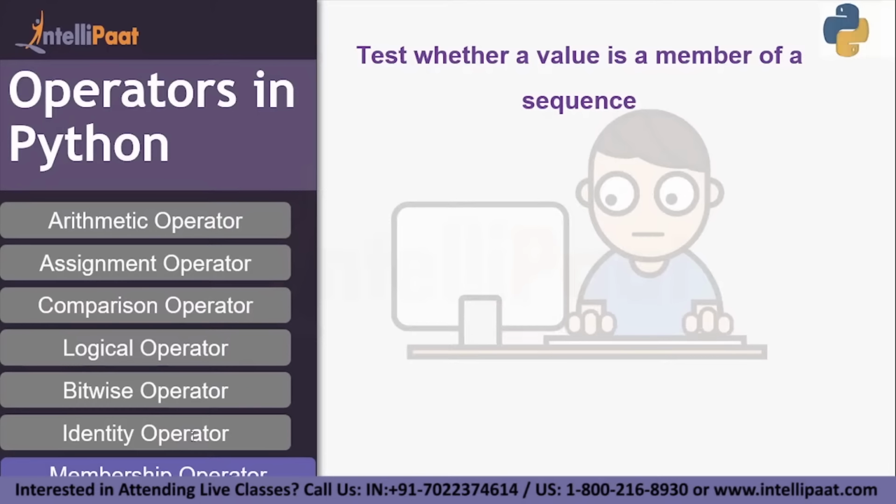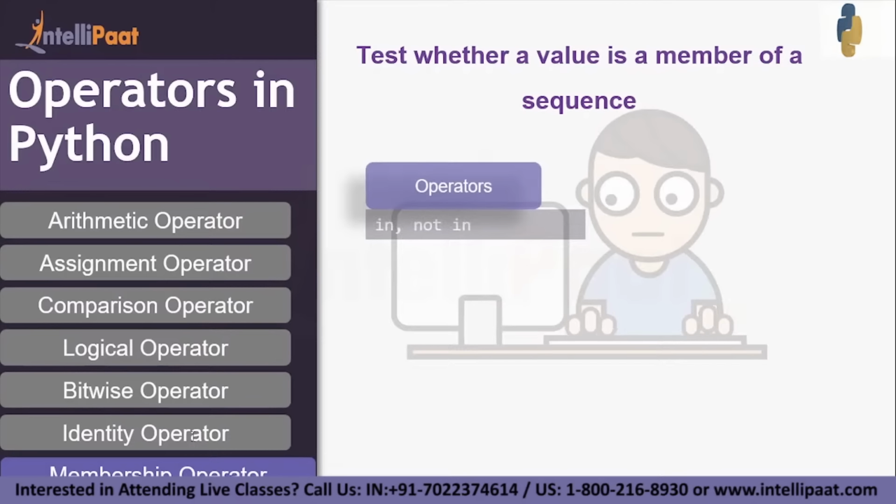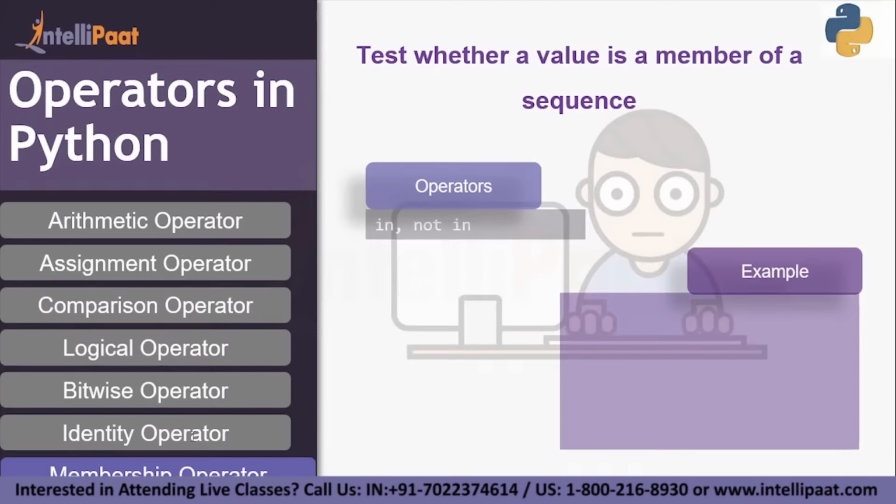This membership operator is used when you want to check if a certain element is present in a list or not. Let's see what operators are a part of it. We have the in and not in keywords. Let's see an example.